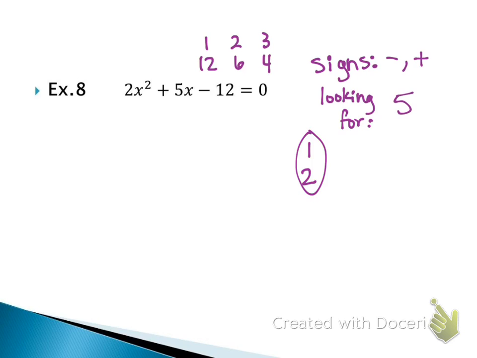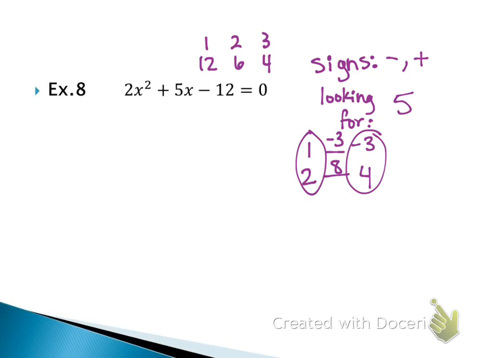Anybody figure out what our second bubble needs to be? Jay Sean? Negative 3 and 4? Negative 3 and a 4. When I connect my bubbles, I have to multiply 1 times negative 3, 2 times 4.